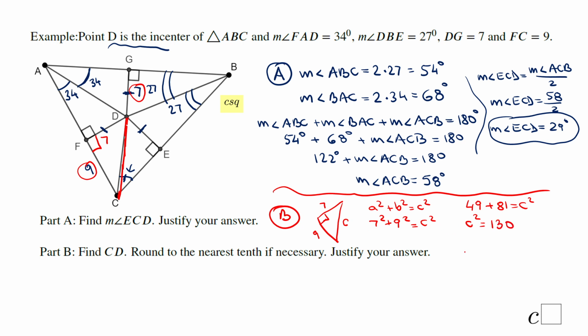So c will be the square root of 130. And c, like I said, is nothing else than what we need to find out, CD. So we just need to take the square root of 130 and round it to the nearest tenth if necessary, so that will be 11.4.